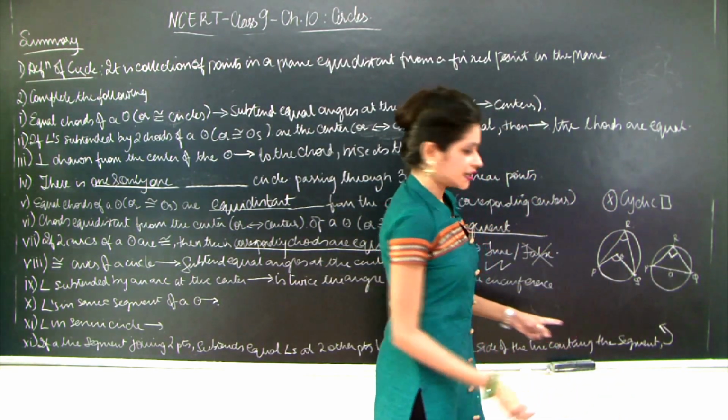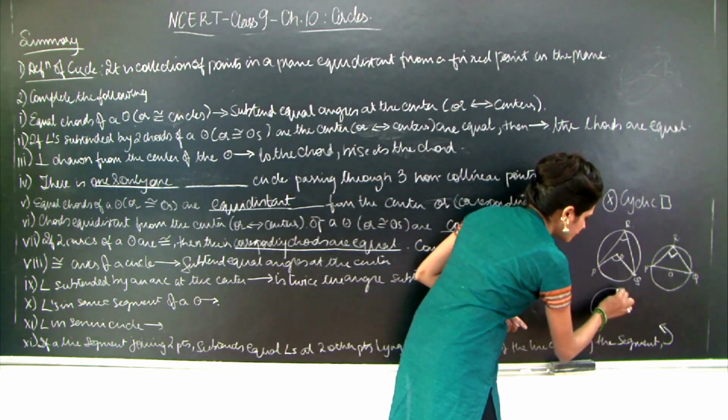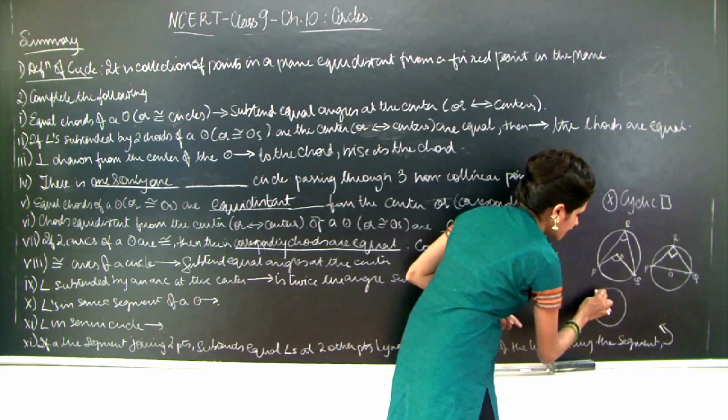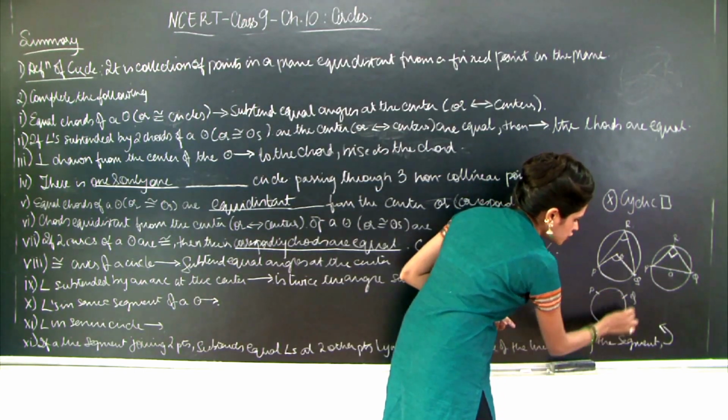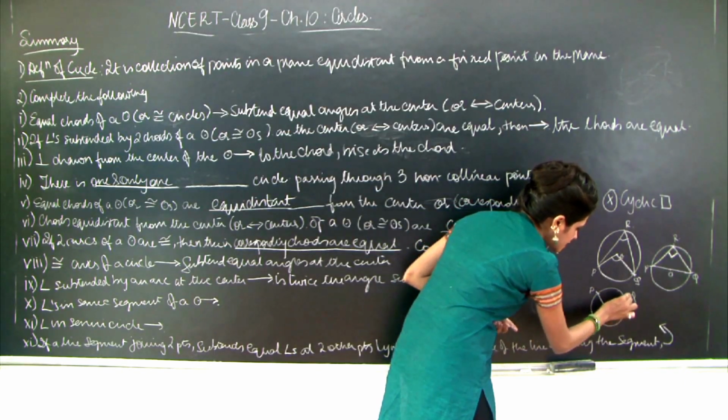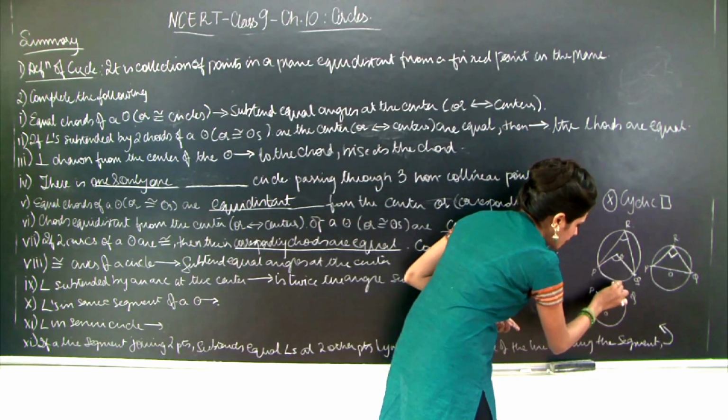And in the third case, you have a circle. Here we had minor, here we had semicircle. Now I have a major arc PQ. It is subtending angle POQ at the center and PRQ at the circumference.